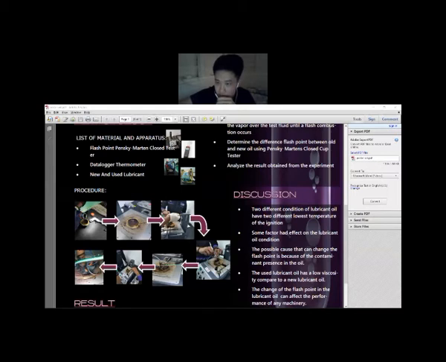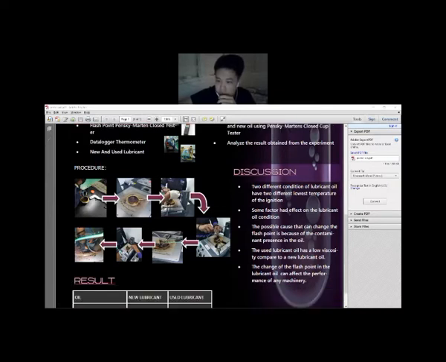When the used lubricating oil reaches its flash point, a flash will be generated, and the flash point temperature will be recorded.